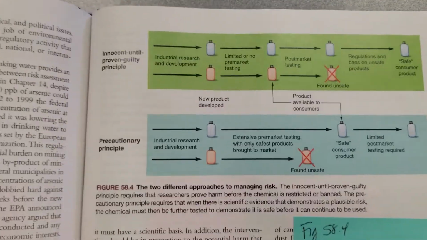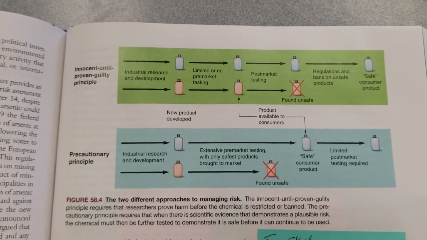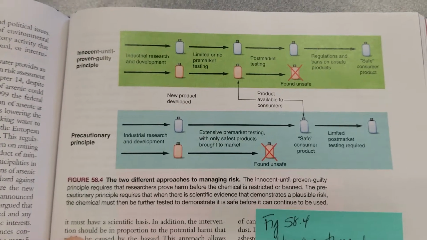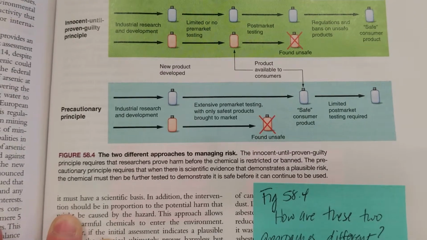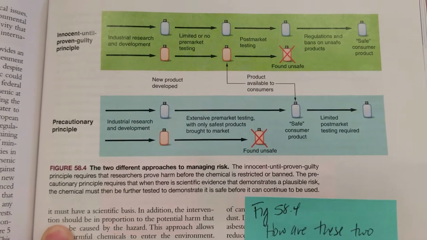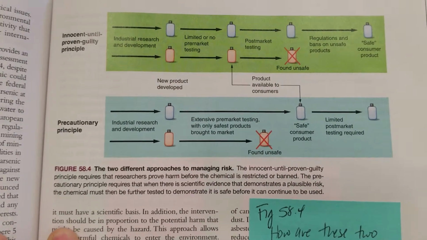And then over on this, just know that it talks about innocent until proven guilty versus the precautionary principle. The U.S. takes this innocent until proven guilty principle, where we're just going to use things until it actually causes some problems, and then we're going to back off and maybe calculate the lethal dose or the ED 50 or something like that.